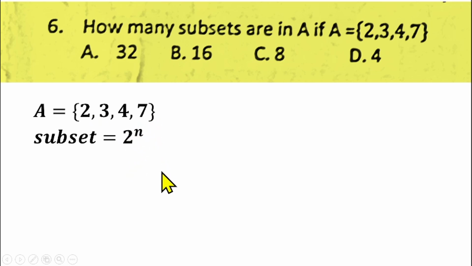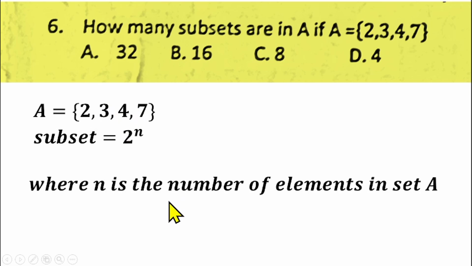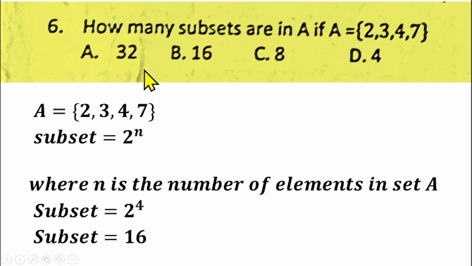You are having 4 elements here, so you'll be having 2 raised to power 4, which gives us 16. So that means set A has 16 subsets, which makes option B the right answer.